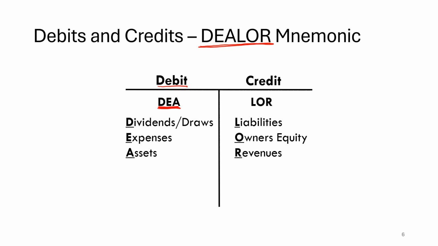So that means that dividends, expenses, and assets are increased with a debit. The second half of dealer is LOR. That means that liabilities, owner's equity, and revenues are increased with a credit.